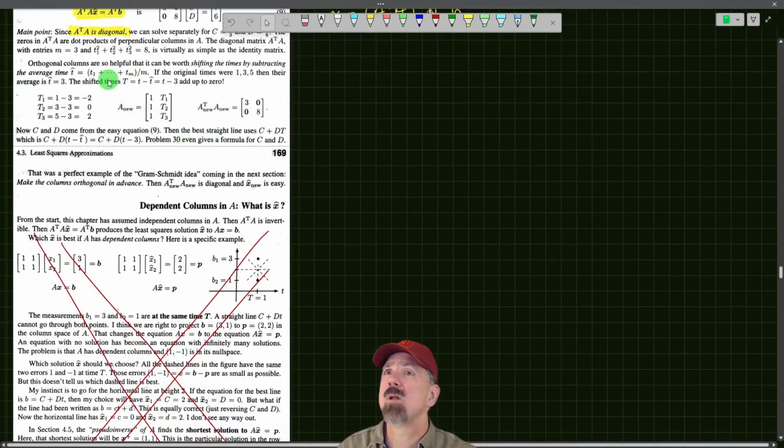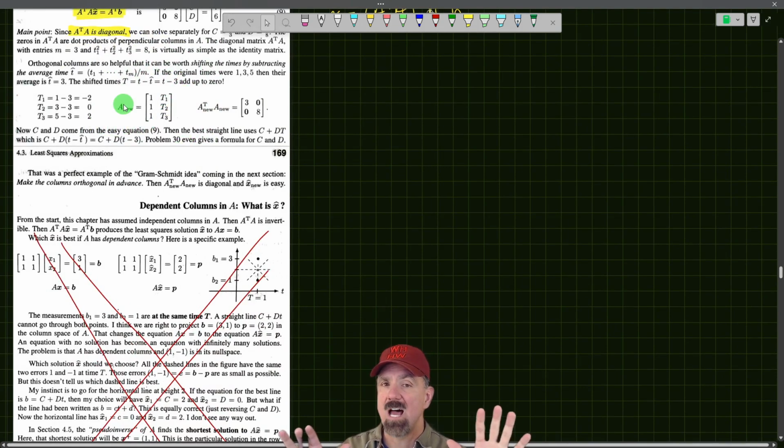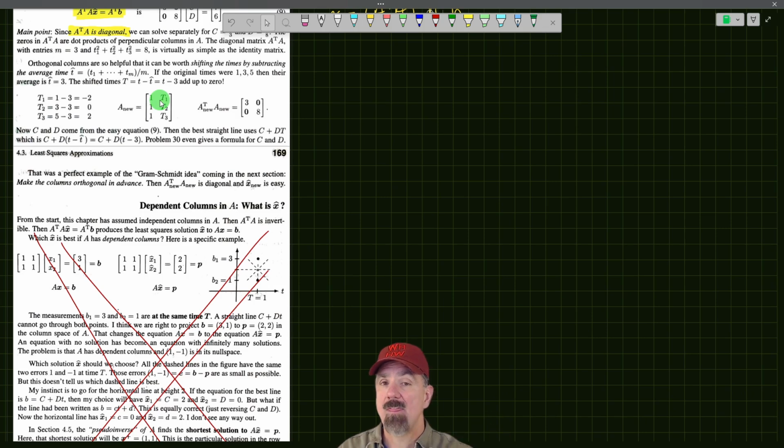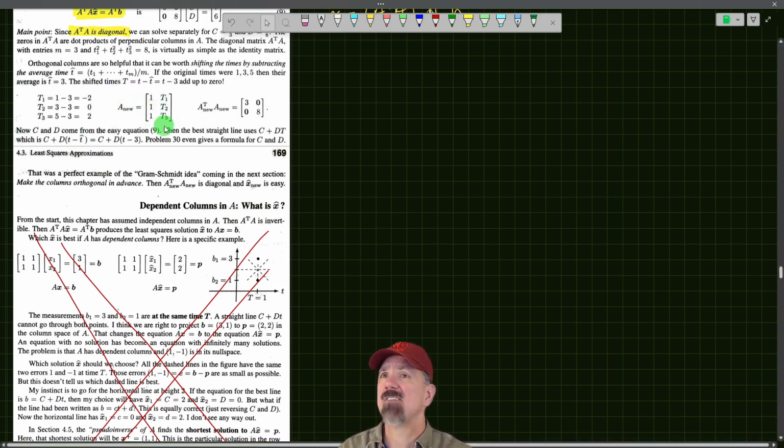He does talk about one approach here about shifting the value. So when we're doing the line, we can shift the values to center them at 0. We can do what's called mean centering, and we can bring the mean of those t values to 0. And that's going to end up giving us, when we only have the 2 columns here, orthogonal columns.